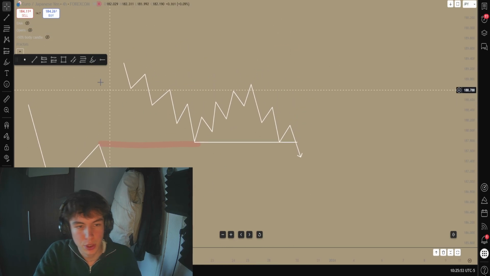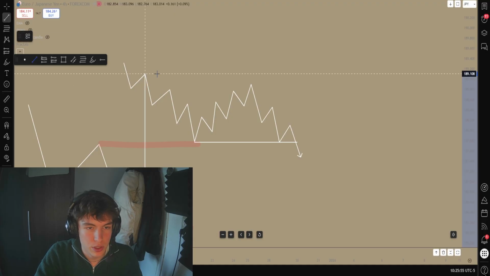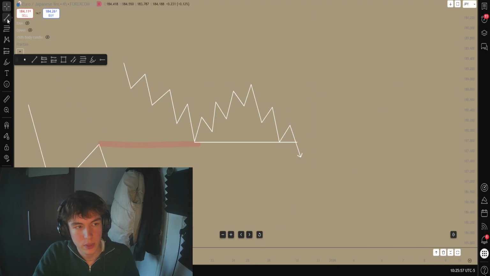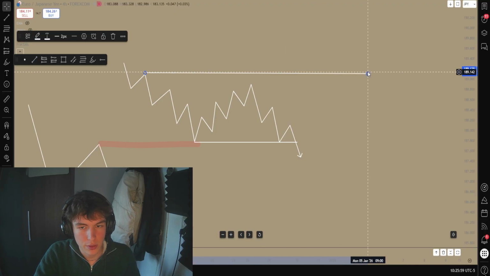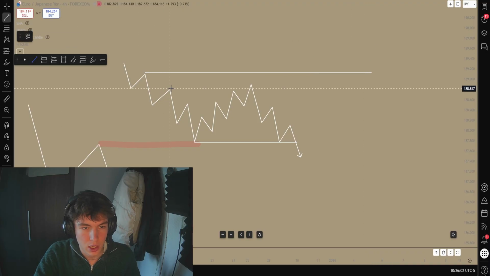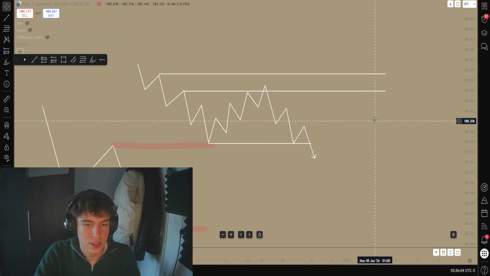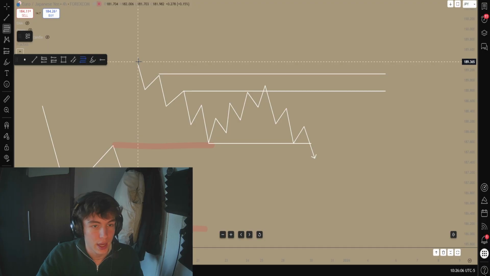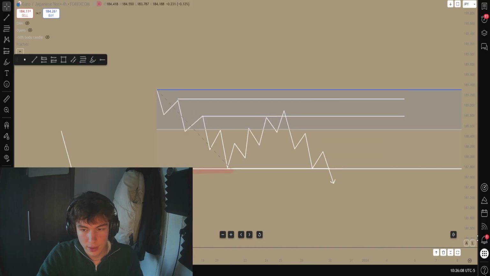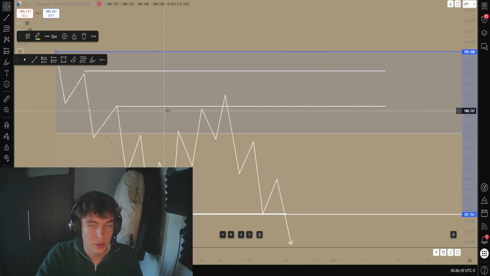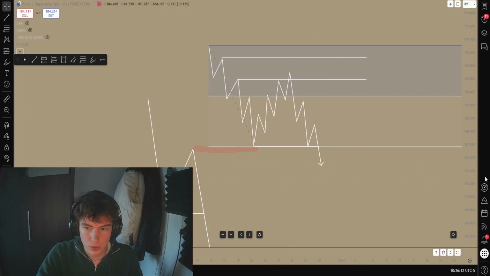What we're going to do is find these points of liquidity. We're going to mark out these highs right here. Once we've marked out these highs, we're going to see how price reacts from them, and especially we're going to look at the highs inside of our discount zone or premium zone.